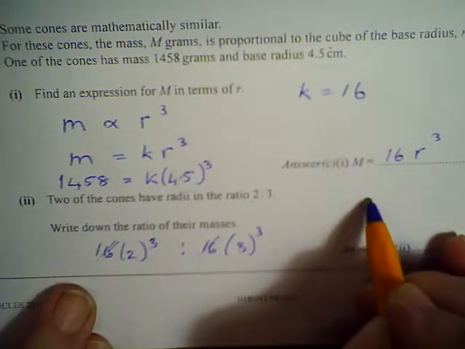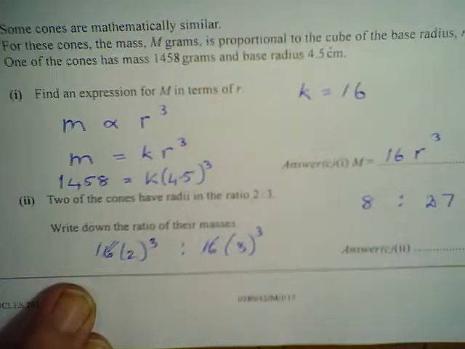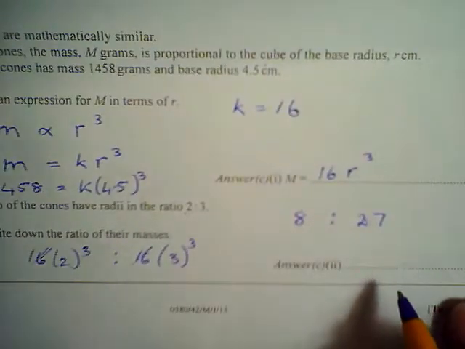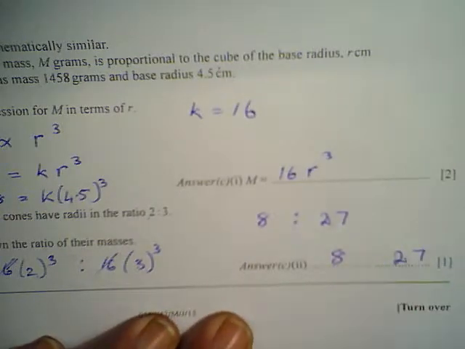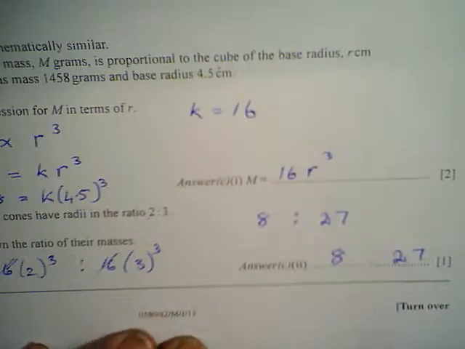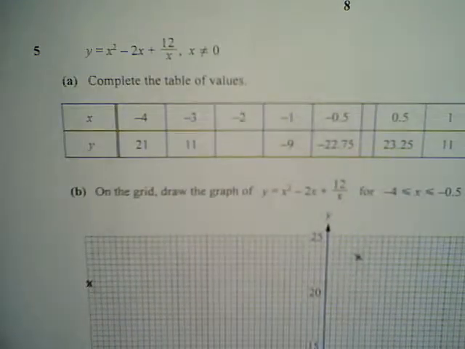That would give me 8 to 27, and that's exactly what I want. So I can write that down, 8 to 27. That's my simplest ratio. I cannot simplify that. Okay, sorry. Let's move on to question 5 first.